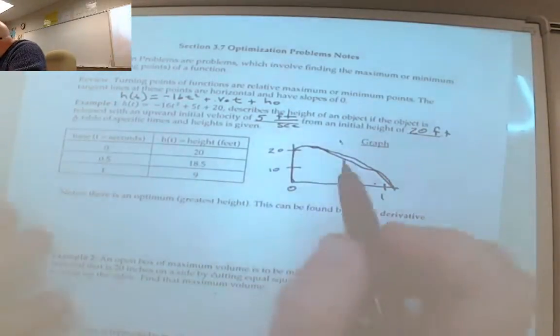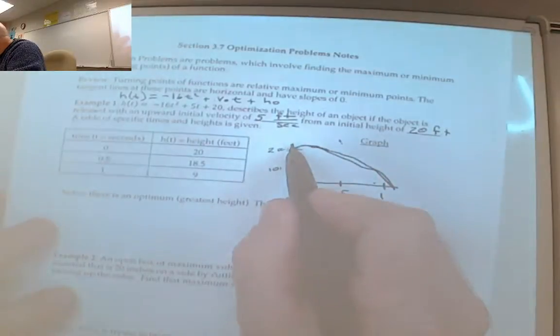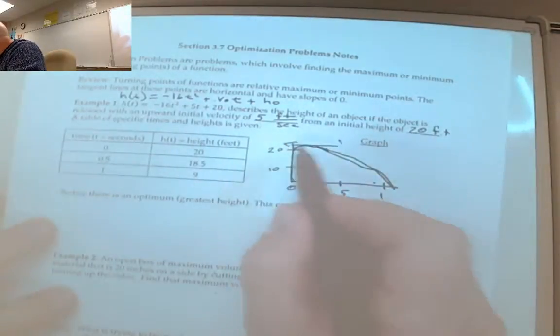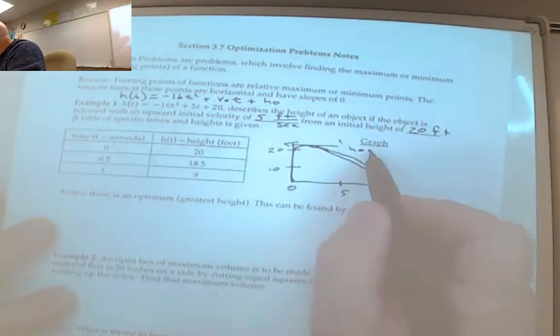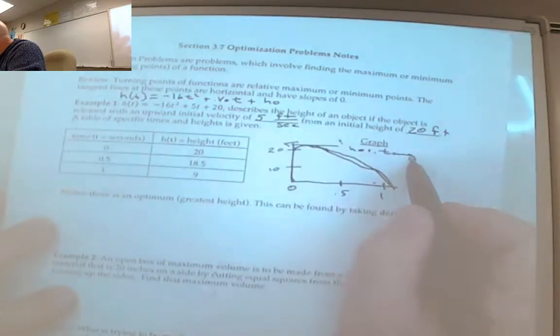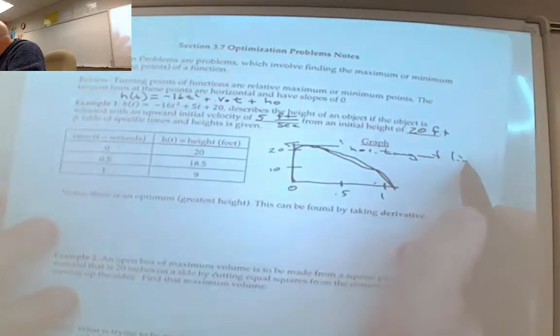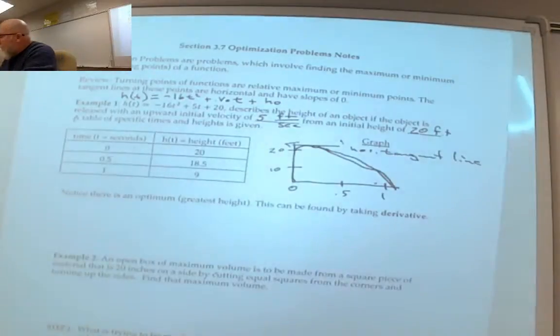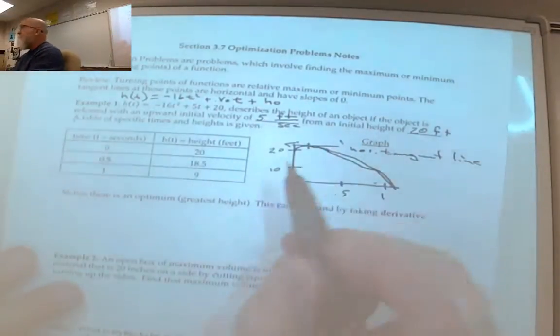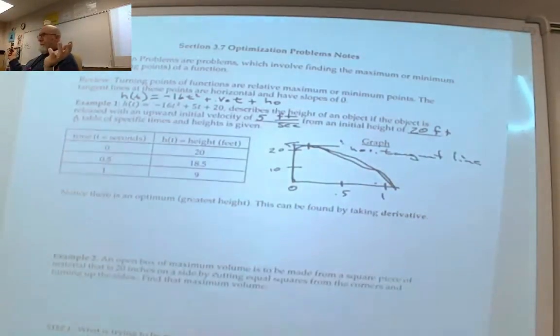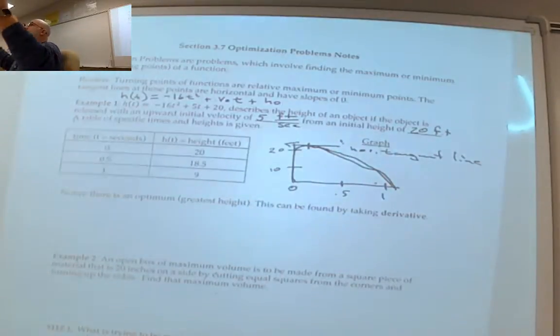Notice there's going to be a place here where I have a horizontal tangent line. This right here is the maximum. Would you agree? The maximum height. The optimal height of my object.